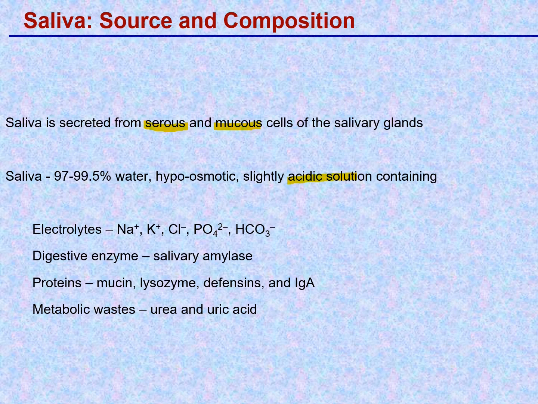It contains some electrolytes, the enzyme salivary amylase, and all of these proteins, the first one being called mucin. Mucin is an important protein to know because mucin is the protein which, when it comes into contact with water, becomes mucus. All right, so mucin with water becomes mucus.